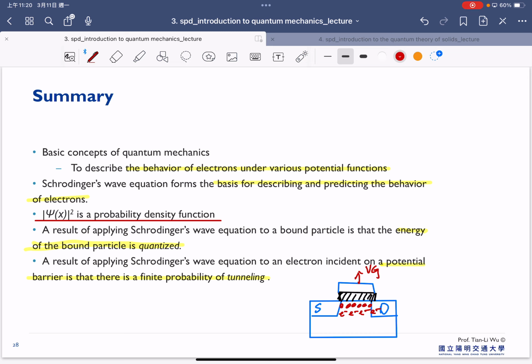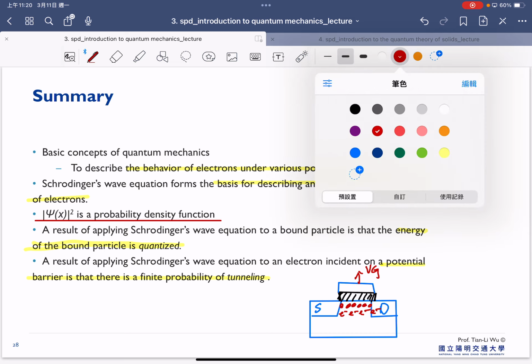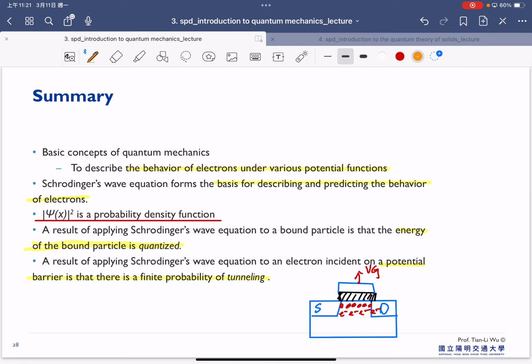So that means the electron actually has the chance of tunneling through to the gate metal. In the end, that will become the gate leakage current. So that's the final full picture of what we should know from this chapter.